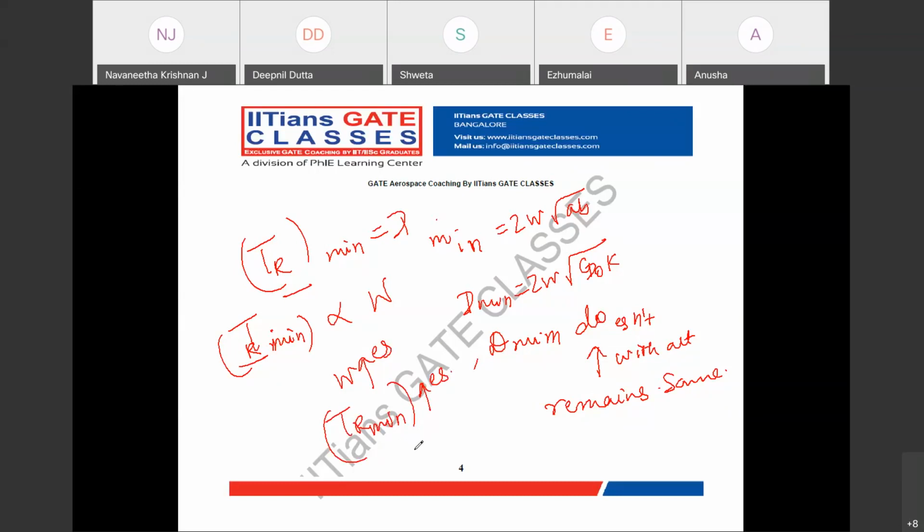If you have lesser thrust available, you will not be able to maintain the same altitude, so you have to lower your altitude. Either you lower your altitude, or when altitude increases, you have to provide more power. If you do not have enough power, obviously you will lose altitude.